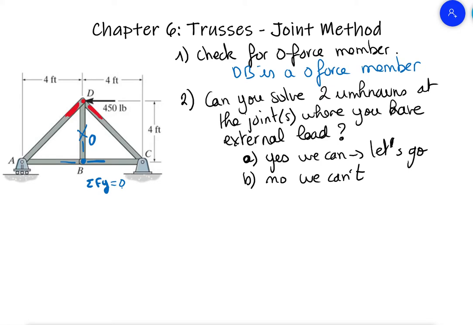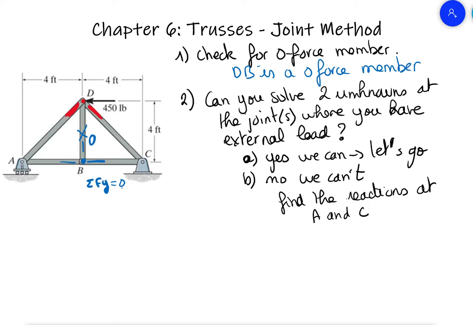If we can't solve at the joint where we have an external load, what can we do? We can find the reaction at A, or A and C.